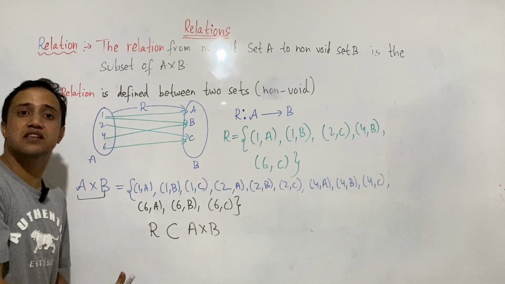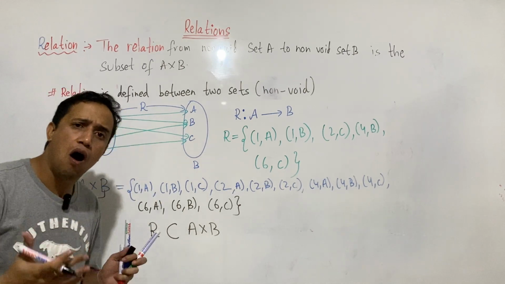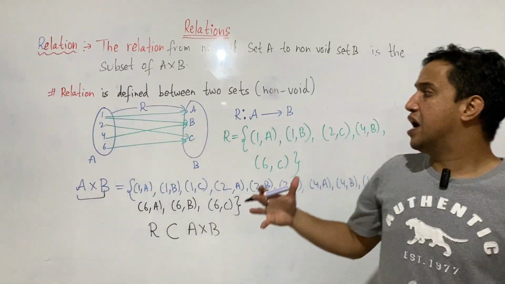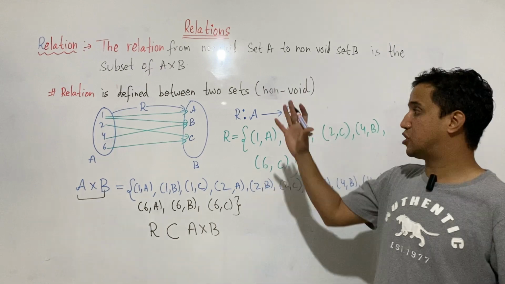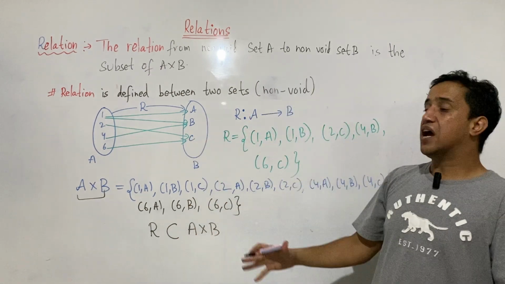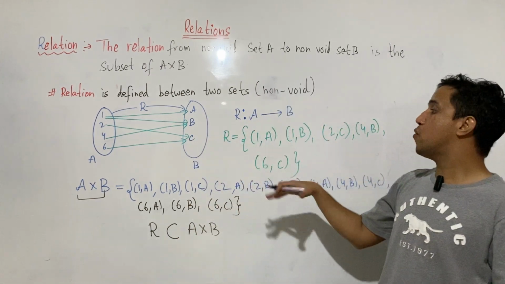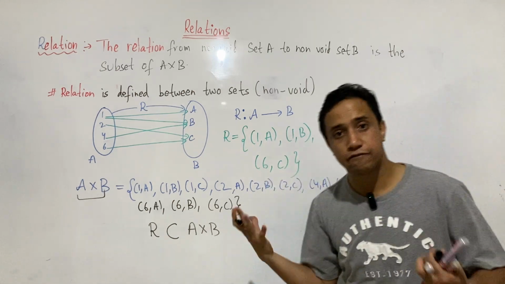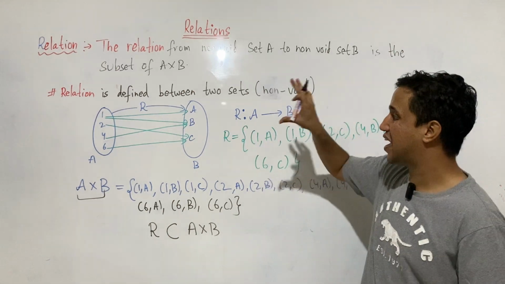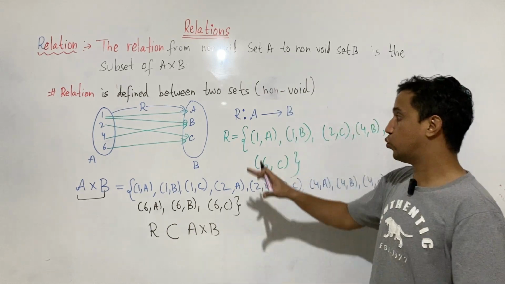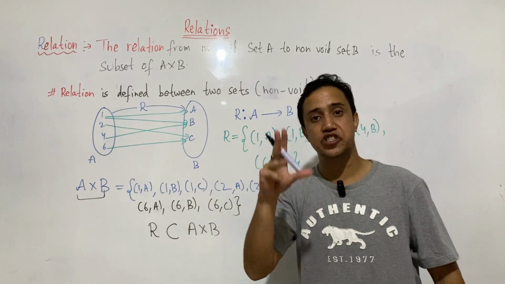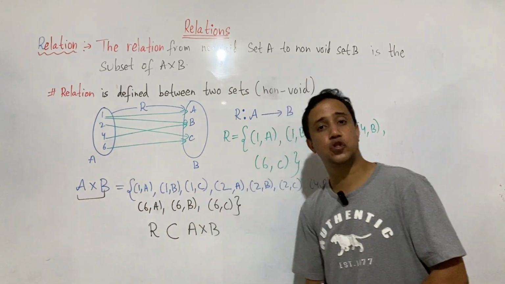And this is applicable for all the relations. Whatever relation you are given between two sets, when you get the relation in the form of a set of ordered pairs, you will find that the relation is a subset of the Cartesian product of the two sets.